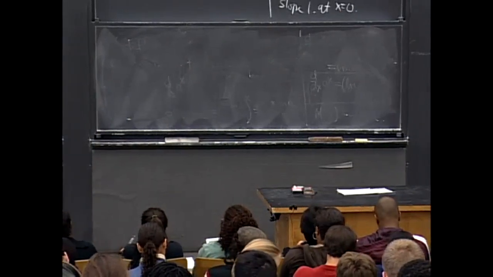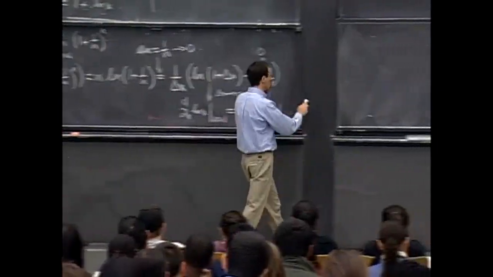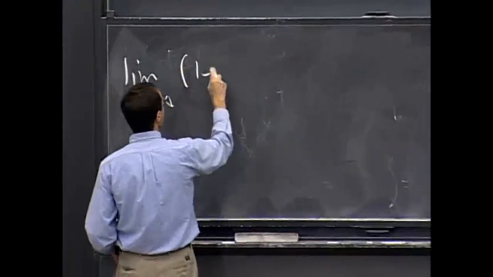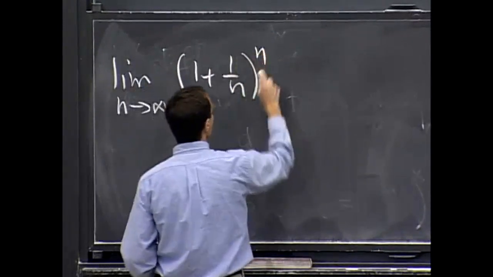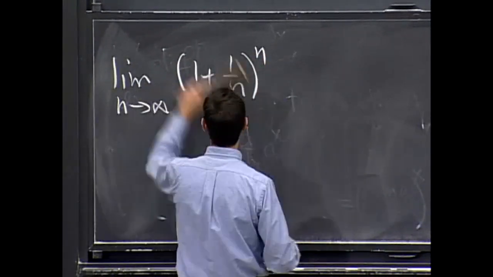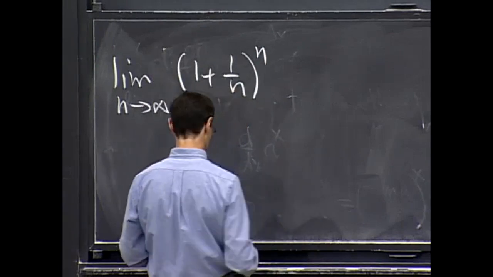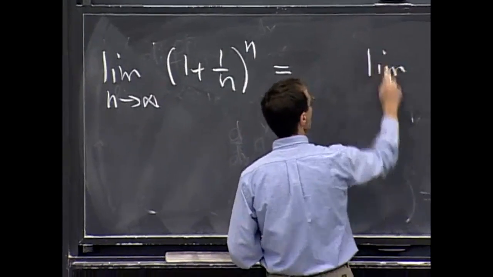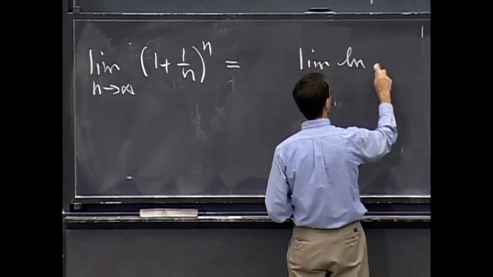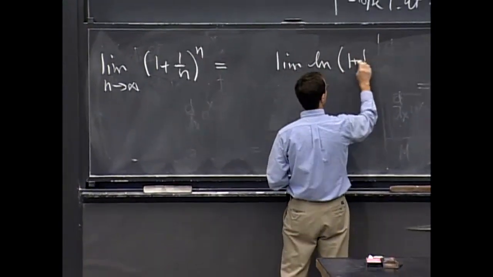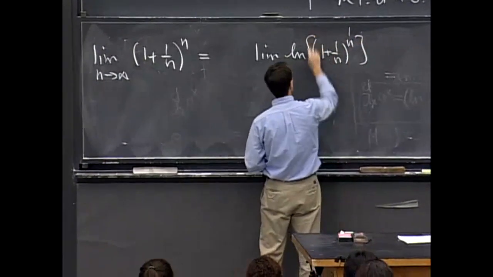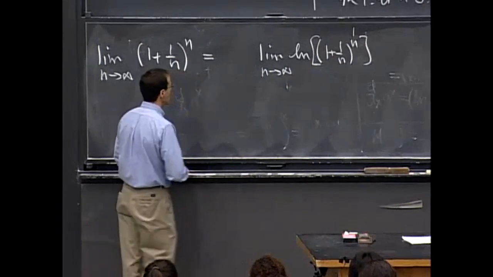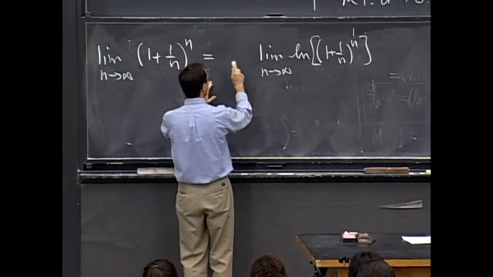The log approached 1. So the log of this, the limit as n goes to infinity of (1 + 1/n)^n, is the thing that we just figured out. But now this thing is the exponential of that.